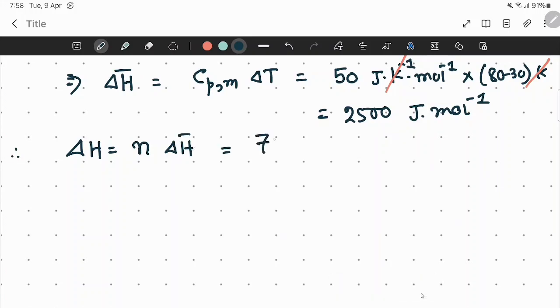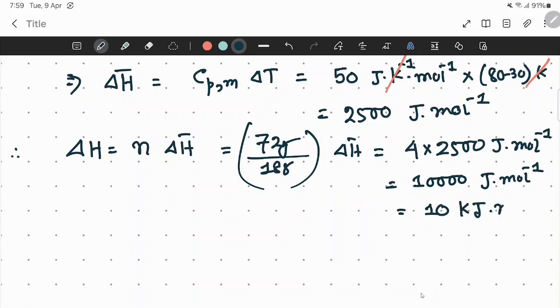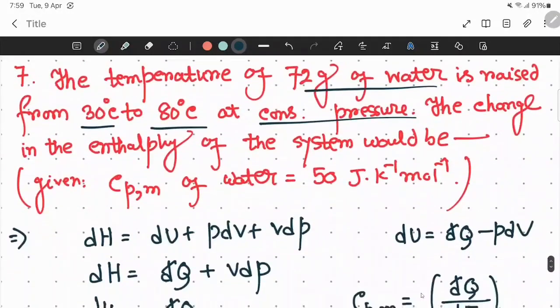N will be 72 gram divided by 18 gram. We know 18 gram of water essentially means 1 mole of water, and we are dealing with 72 gram of water. So this is our N, and del H bar. So it will be 4 into 2500 joule, so eventually it is 10,000 joule. That essentially means 10 kilojoule. Okay, this is our question number 7.